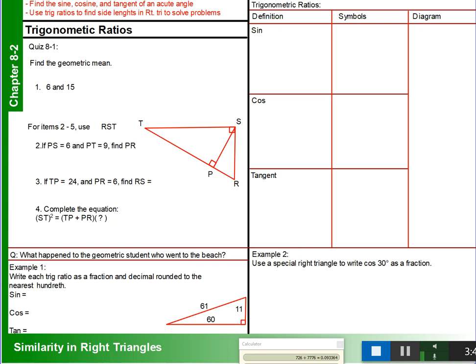All right, so trigonometric functions. Now I'm going to take a triangle, and it's going to be a right triangle. And let's say I want to find this angle.